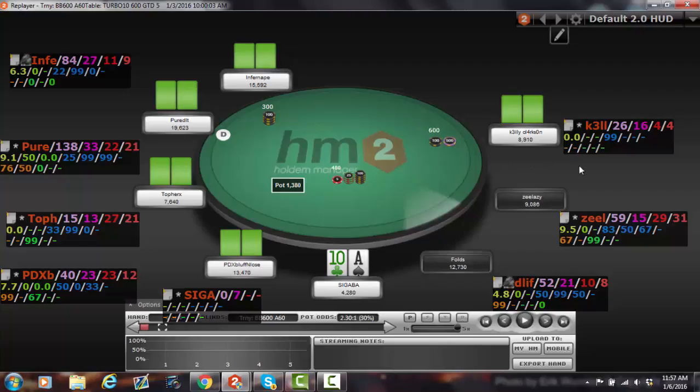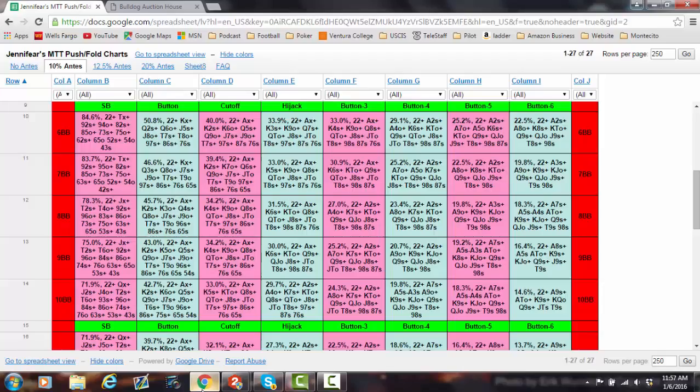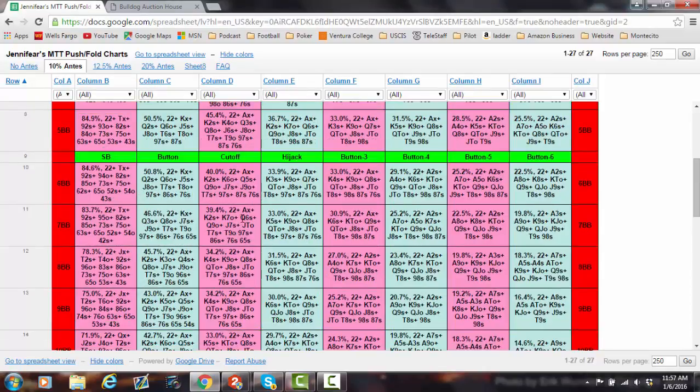And this guy over here is a 29-31, which means he's playing almost a third of hands. You probably want to be a little bit tighter when you're shoving into his big blind. So that's just a quick overview of the push-fold charts. There's others out there. This is the one that I use, and I hope that helps.